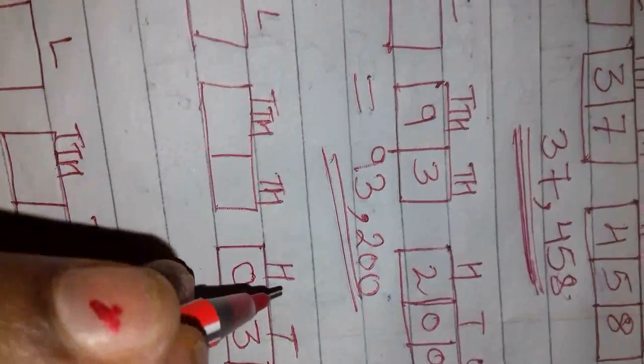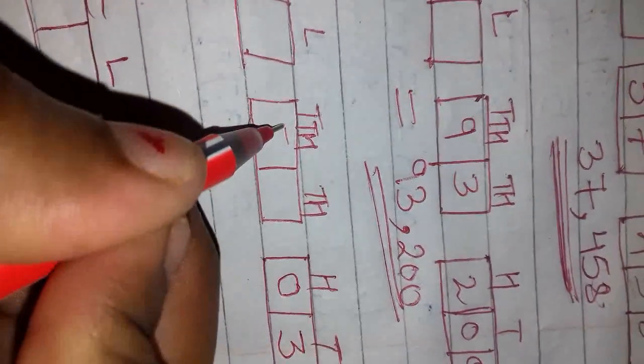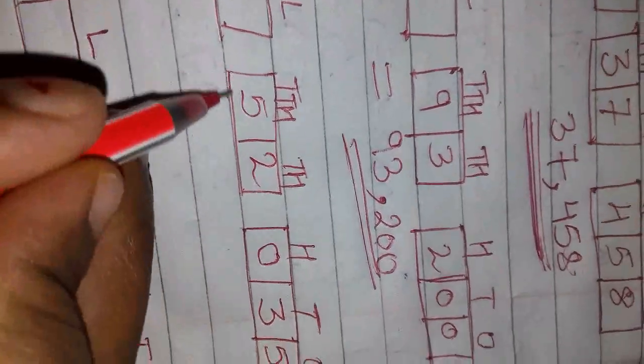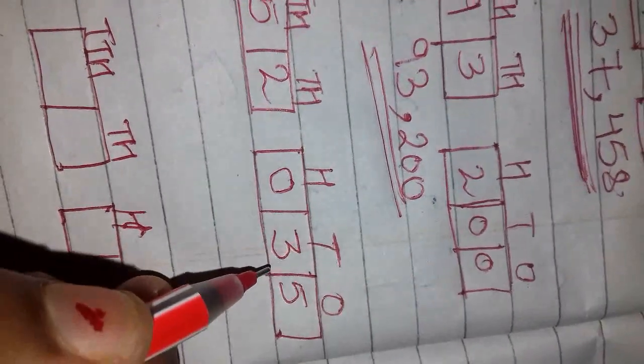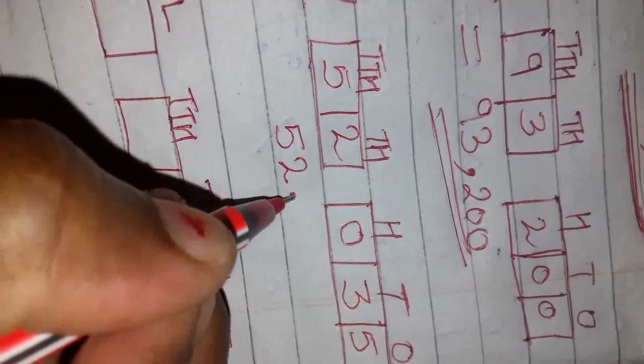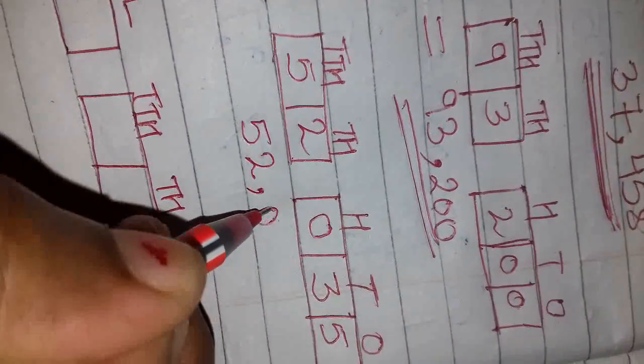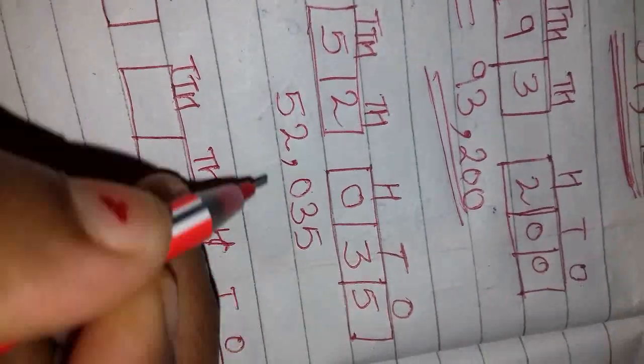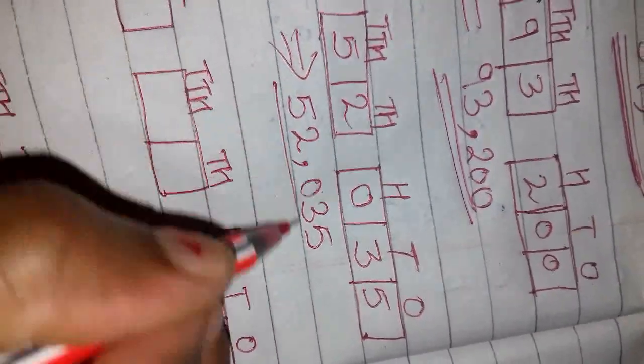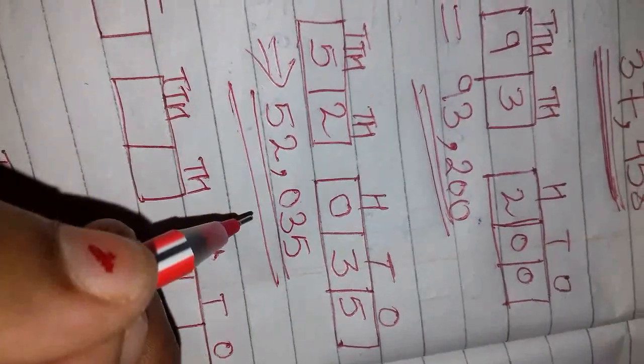In ones period we have 35, so we will write 5 at ones and 3 at tens. 100 place is not mentioned, so we will put 0. And in 1000 period it is given 52,000, so 5 and 2. So how will we write in figure? 52,000 comma, 1000 period over, then ones period 0 3 5. 52,035.